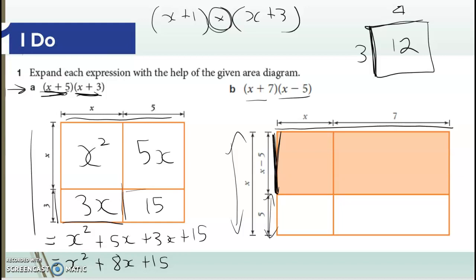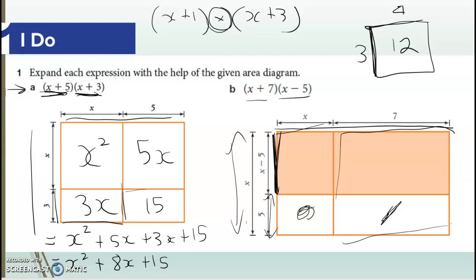So to find the total, I need to find the shaded area. To get the shaded area, what I can do is find the total with x times x and then take away this box. Do the same thing over here, find the whole larger area and then take away this, and that'll give me that second shaded area.